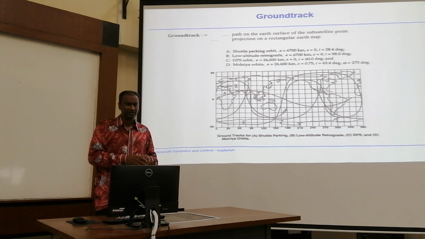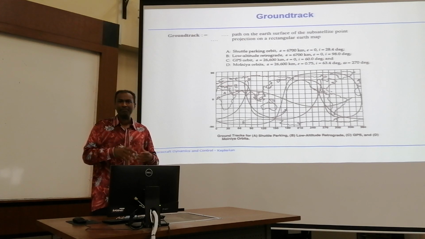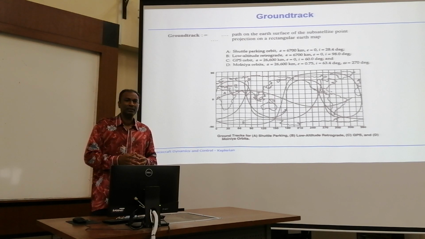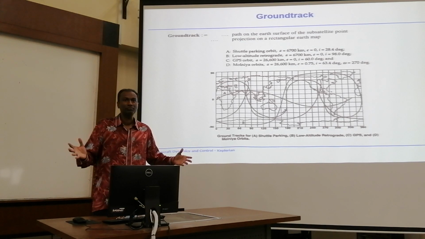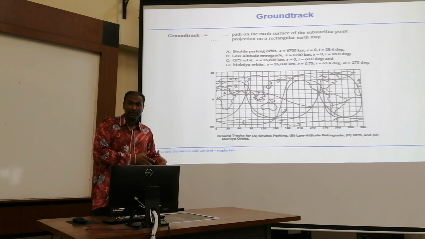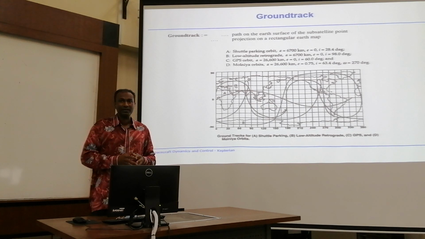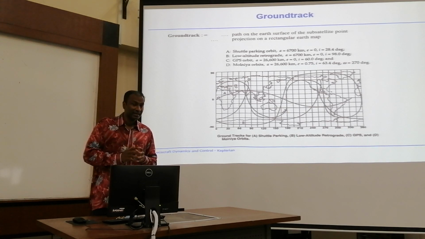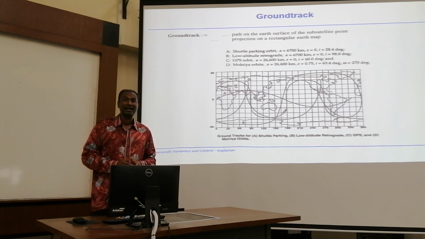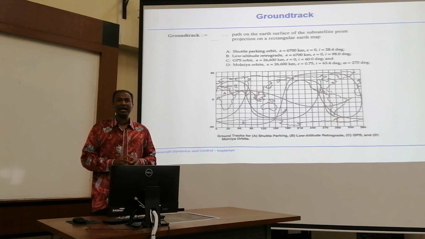It can be circular, elliptic, hyperbolic, parabolic orbit, very high altitude, Earth-bounded orbit, Mars-bounded orbit. Attitude control is mandatory. Now, regardless what ground track I could use, I know for a fact that attitude control is mandatory.